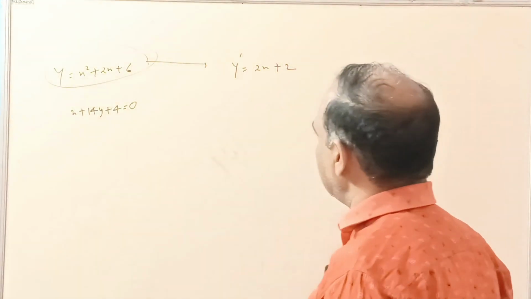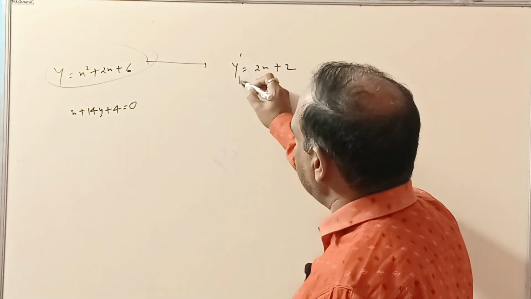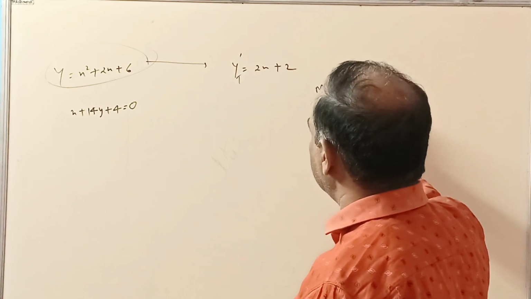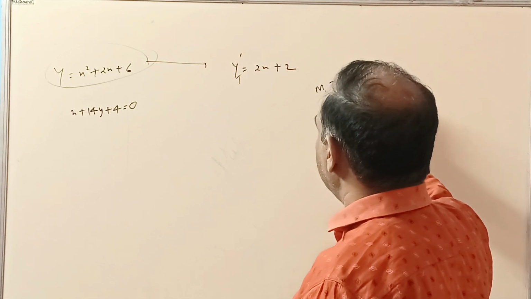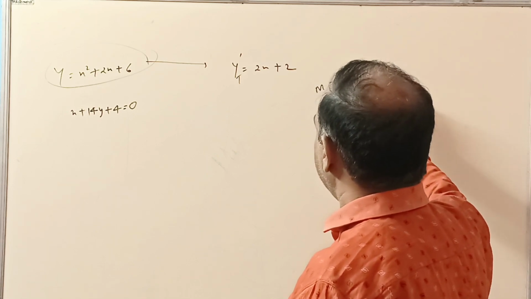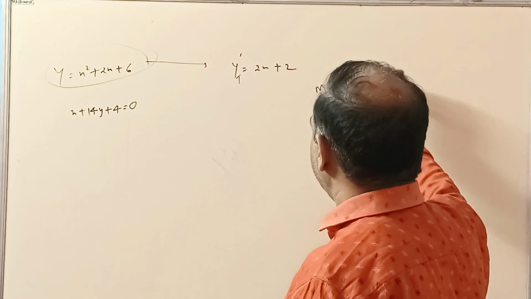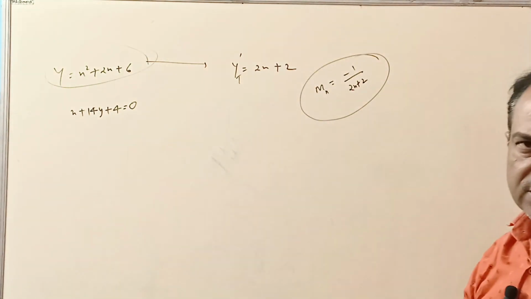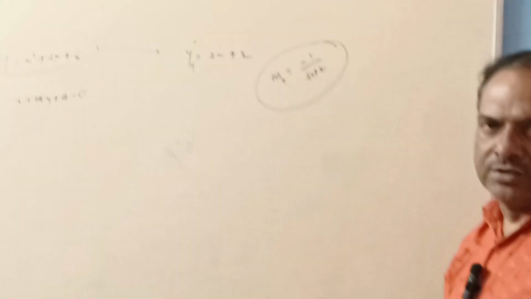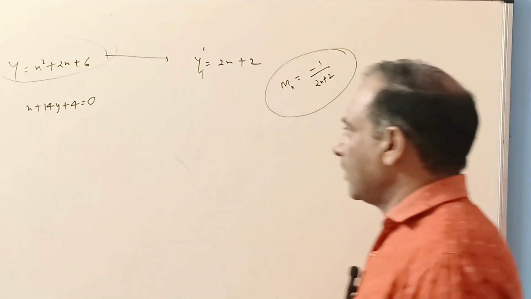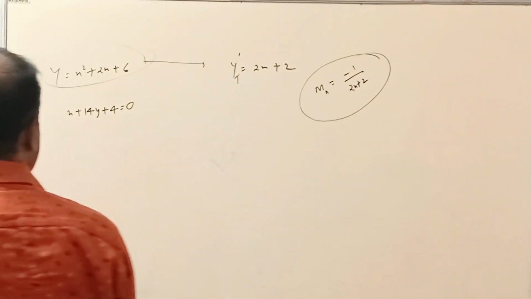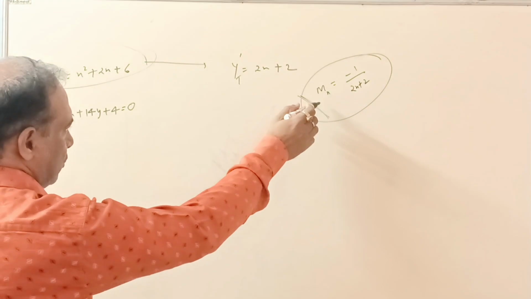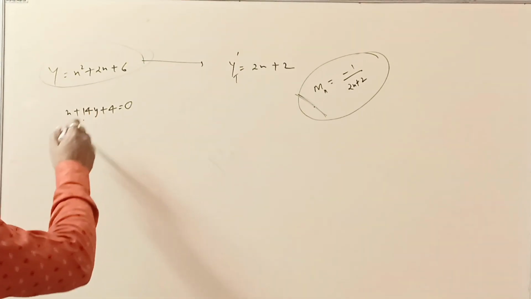If I call it mt, and I want to find the slope of the normal, let's say mn, what will it be? It will be the negative reciprocal of the slope of the tangent. Now the slope of the normal is equal to the slope of this parallel line.